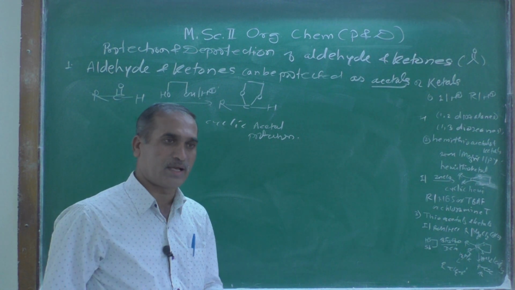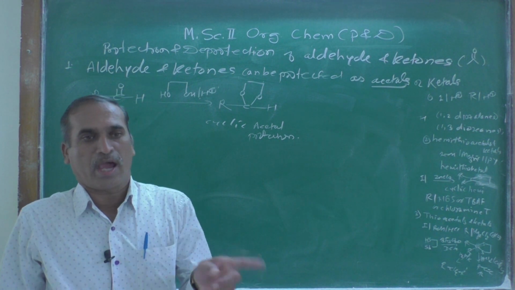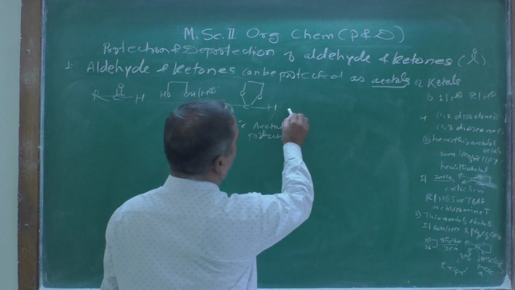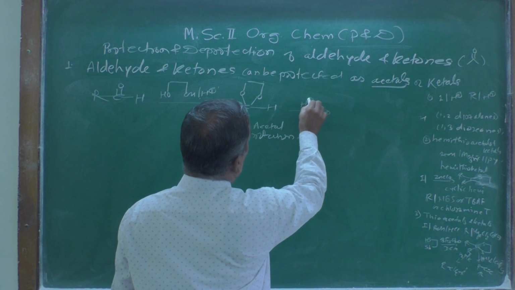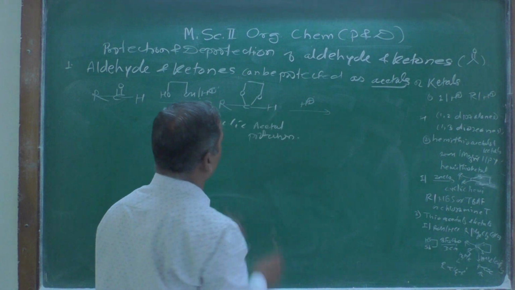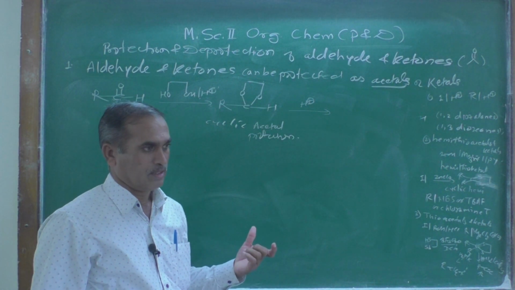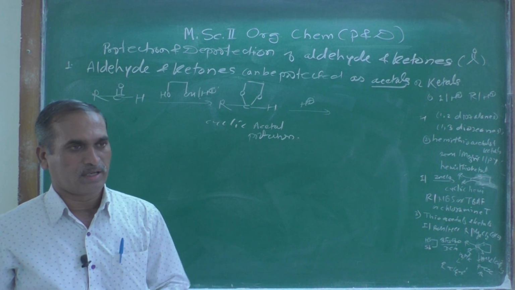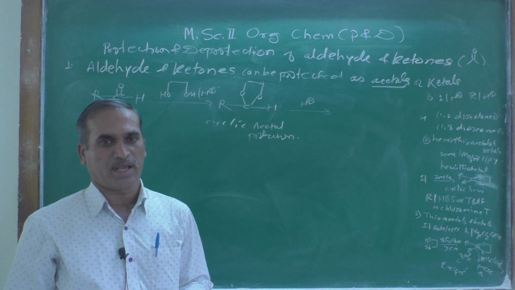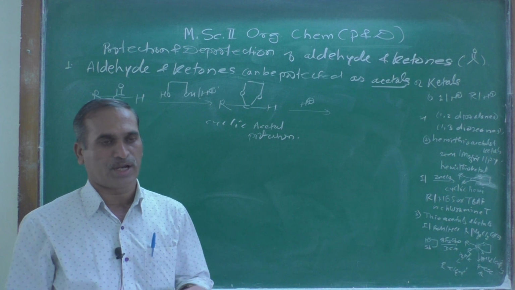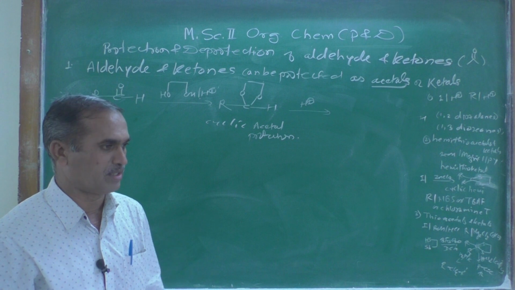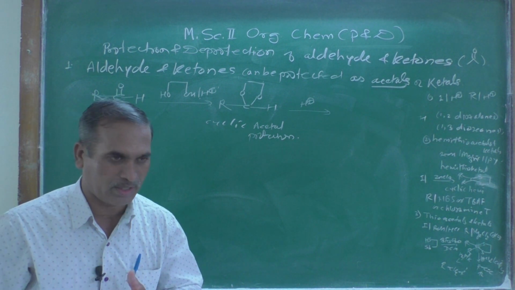And this cyclic acetal protection can be deprotected under acidic condition. This cyclic acetal protection is very stable under oxidizing reagent as well as reducing reagent, or in a basic condition it does not interfere.